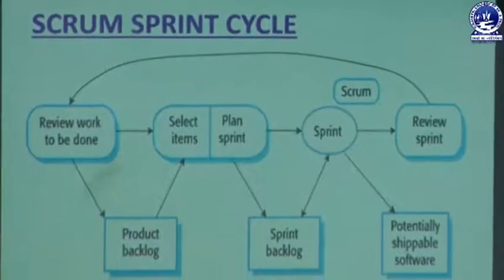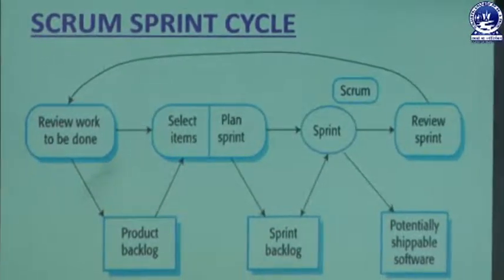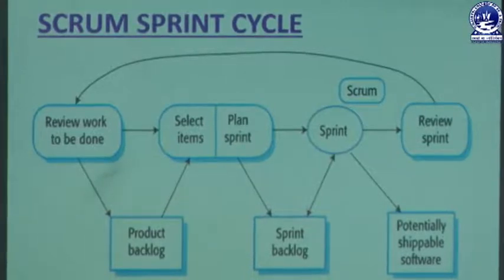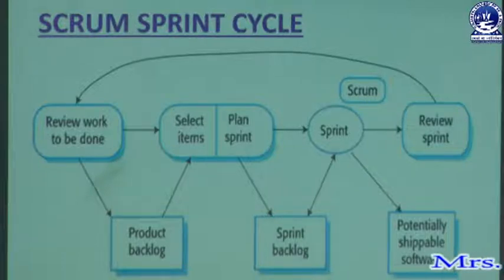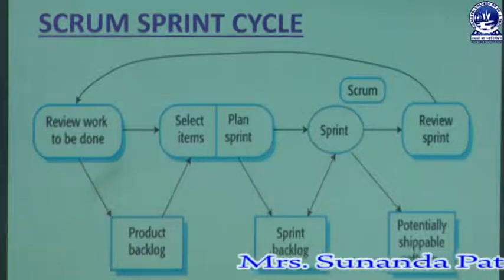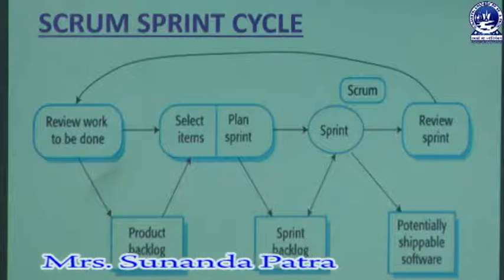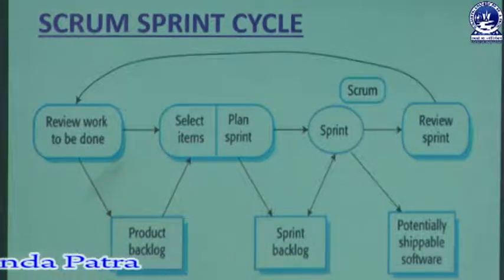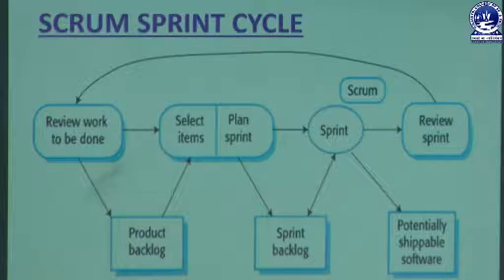So let's have a look at the Scrum sprint cycle. This is the Scrum sprint cycle. We will start with reviewing the work, that means what we have planned and what we have already covered. Then after reviewing the work, for the remaining work to be developed, we should go to the product backlog. According to the product backlog, we see which items are already completed and which are incomplete, and we take the incomplete ones according to the customer's prioritization.